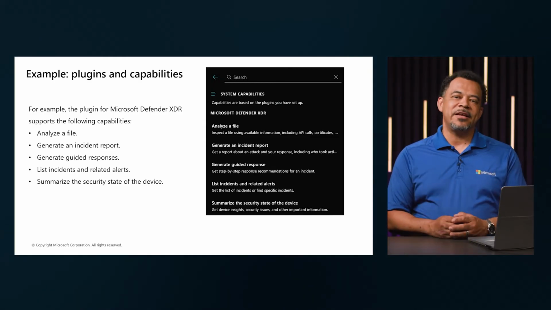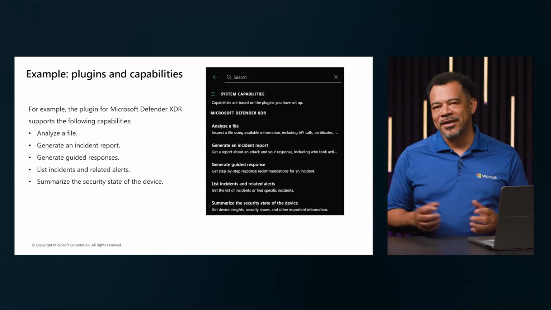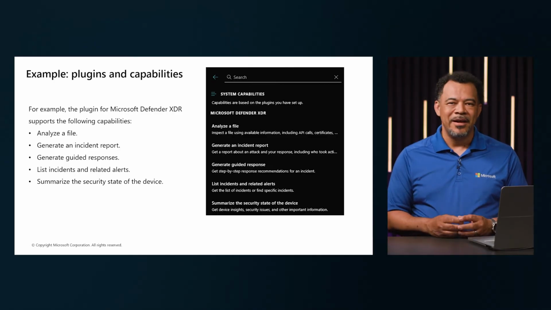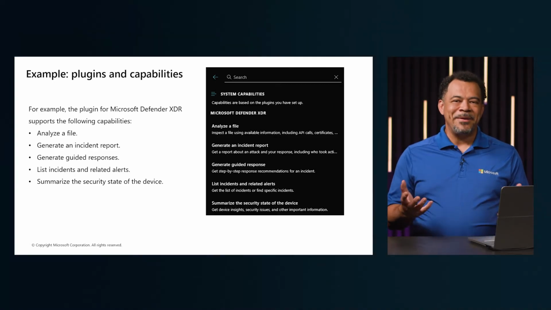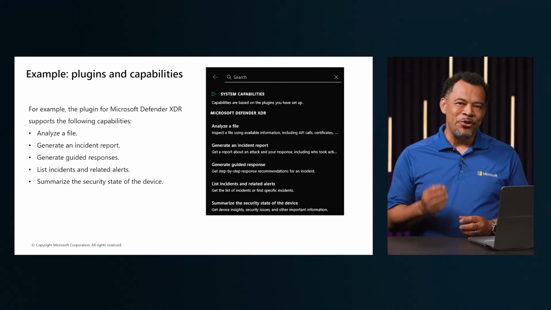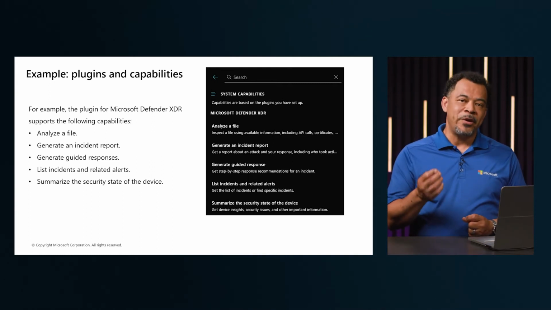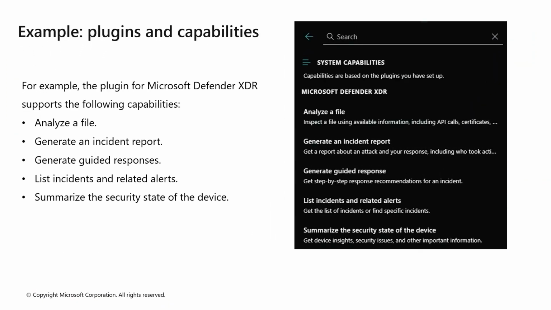It can list incidents and related alerts so you can see what's going on across your entire environment. It can summarize the security state of a device, giving you a quick snapshot of the current risk level of that resource. All of this happens behind the scenes, with Copilot using the right capabilities from the right plugins to help you get answers quickly and, of course, take action confidently.